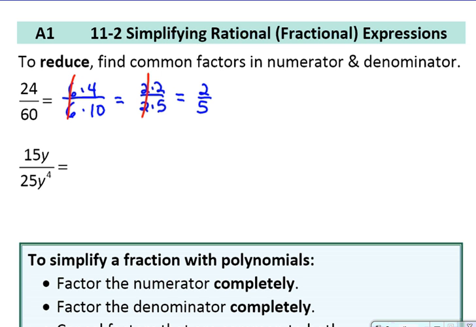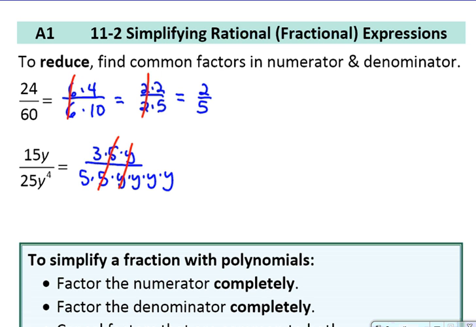This next one involves a few variables. So we'll do this. We've got 15 is 3 times 5, and then times y over 25, 5 times 5. And then y to the 4th would be y times y times y times y. I'm going to look for those clever 1's again. Here we can see the 5's, there's a 1, and then these y's make a 1.